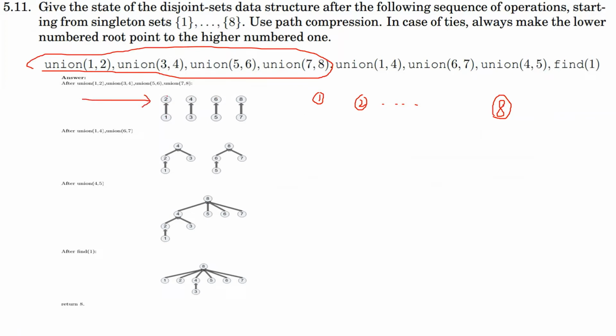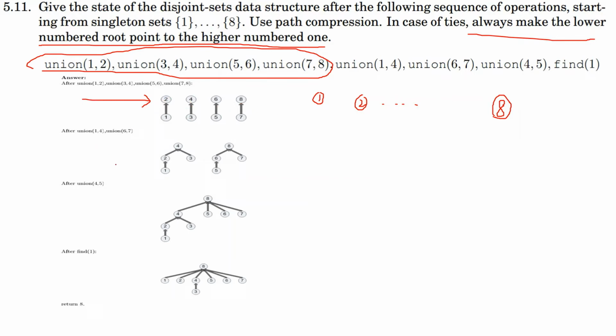You have to connect 1 and 2, 3 and 4, 5 and 6, 7 and 8. And there are ties here, and you have to make the lower numbered root point to the higher numbered root. So you will have 1 pointing to 2, 3 pointing to 4. And this is the result after the first 4 operations.